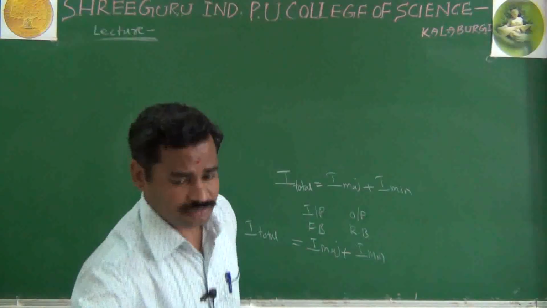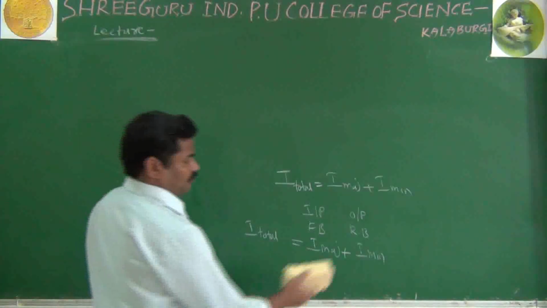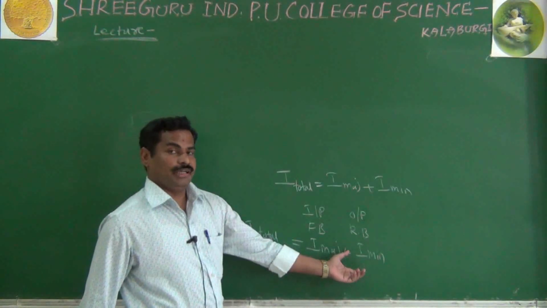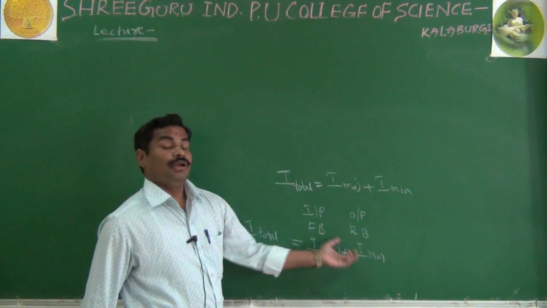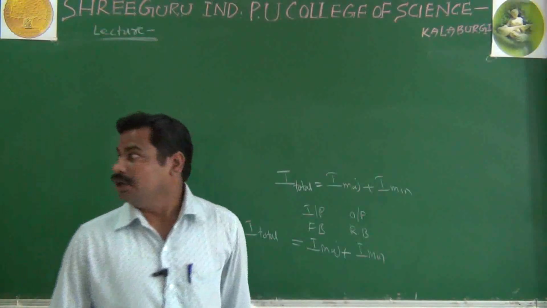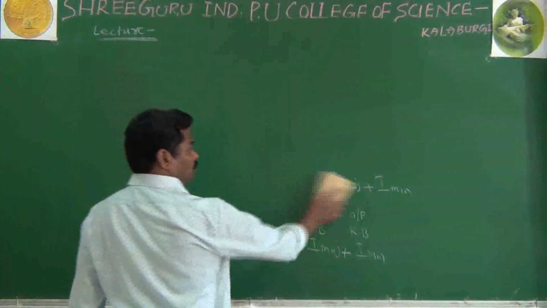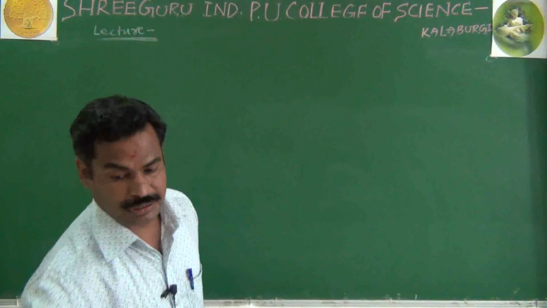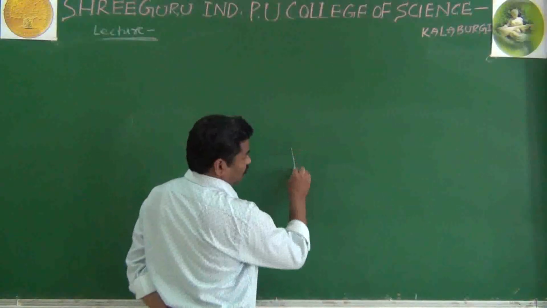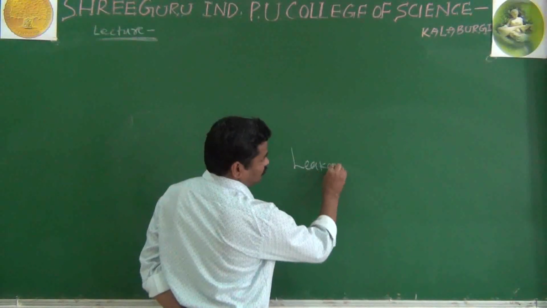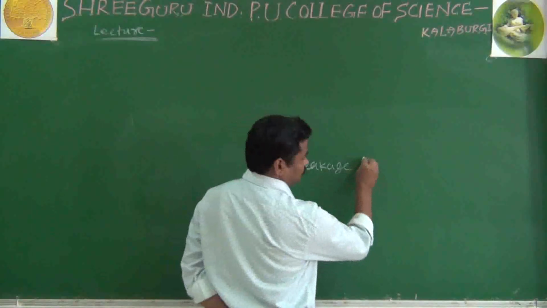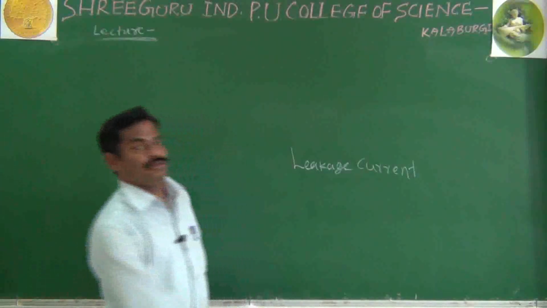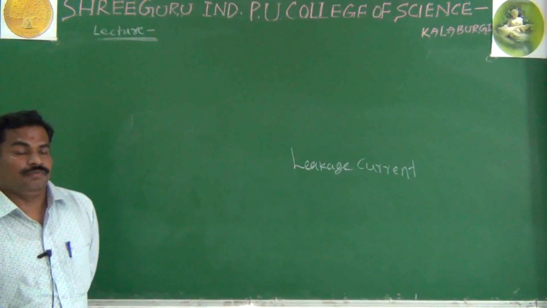Another name for the minority current is leakage current. It is also called reverse saturation current.